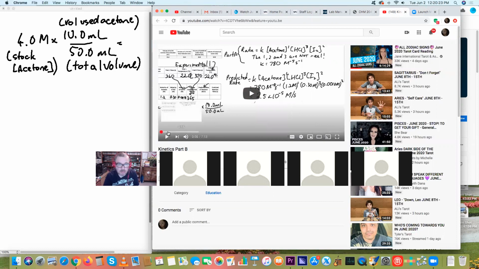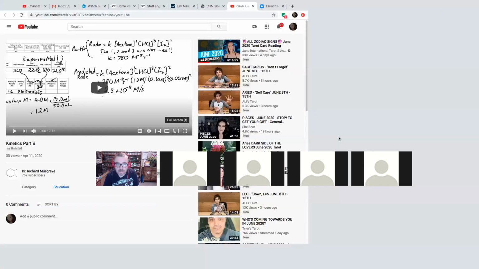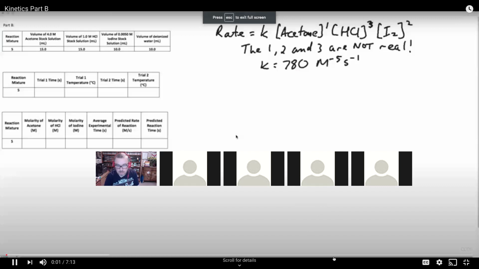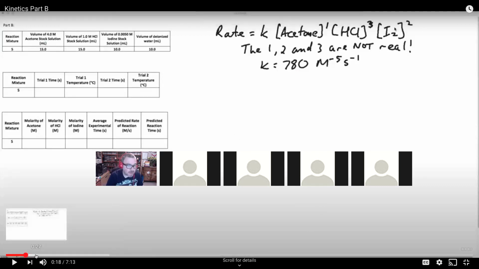All right, so let's see. So you've got the part B there, and you can see that the rate equation is this. And again, I'm using these M, N, and P values I got from before. And in order to get this rate, and the K value as well, the K value, by the way, should work for pretty much all of them.